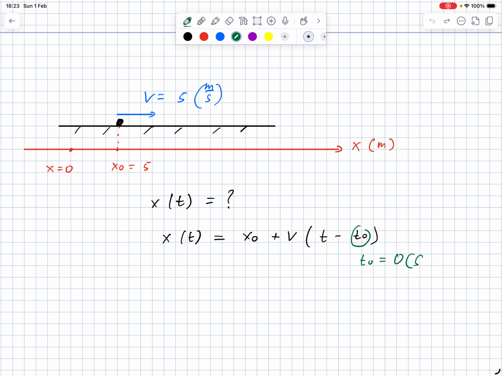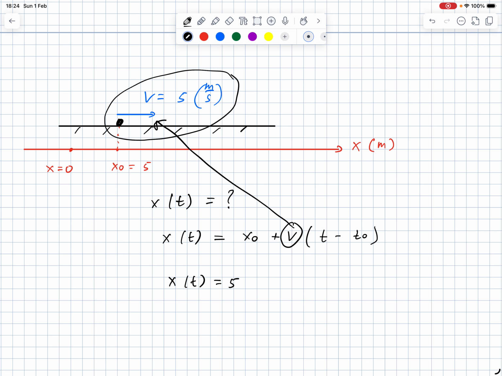Now what we have in this problem? We do have the initial position, which is 5. The sign of the velocity would be plus because the direction of this velocity vector is the same as the direction of the x-axis, which is to the right.